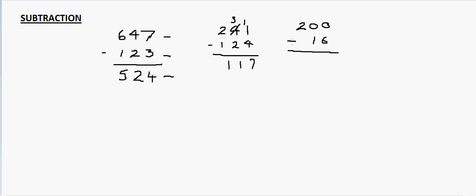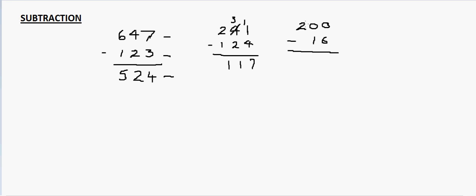Okay, now we can't take 6 from 0, and we don't have a number to borrow from the next number, so we have to borrow from the next number. Okay, so we do this step by step.